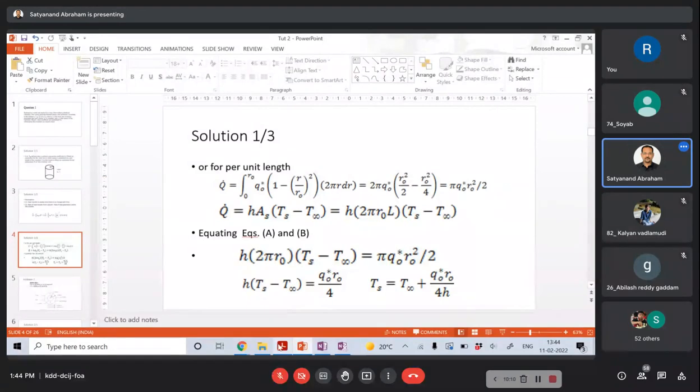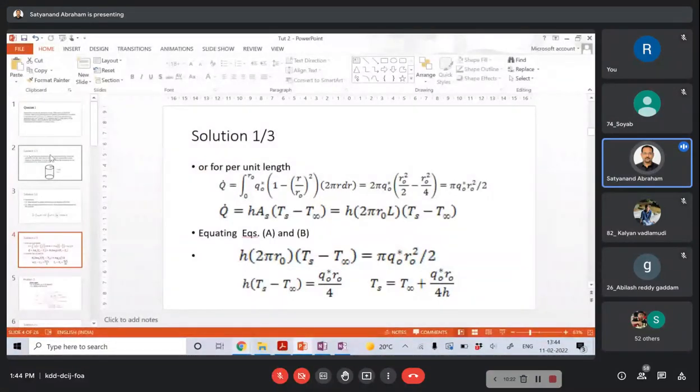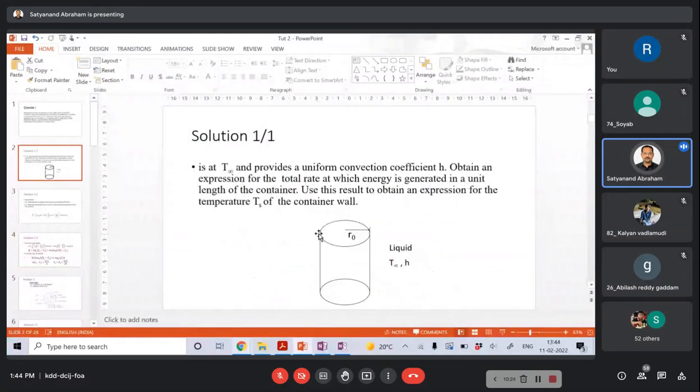Next part: use this result to obtain an expression for the temperature Ts of the container wall, the temperature on the surface. First of all, we assume the thickness of the wall to be negligible, so it doesn't matter whether it is the inner or outer temperature.